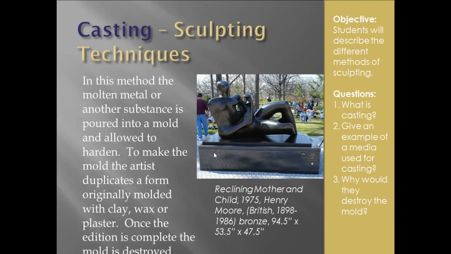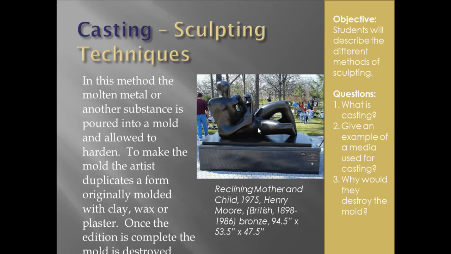The third method is called casting. In this method, molten metal or another substance is poured into a mold and allowed to harden. To make the mold, the artist duplicates a form originally molded with clay, wax, or plaster. Once the addition is complete, the mold is destroyed. So here we've got an example of the finished piece, Reclining Mother and Child.